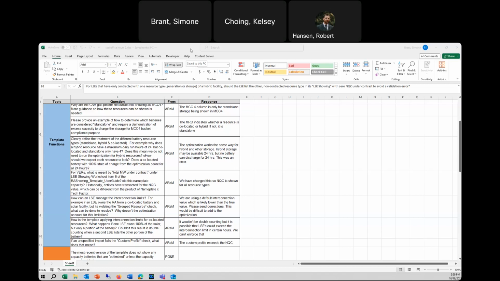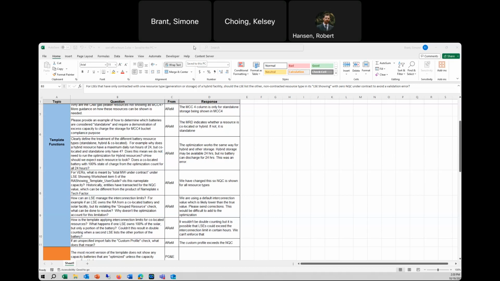Ideally reduce the capacities from the co-located resources that are causing a validation problem. So if there's a co-located solar and the addition of the solar and the storage are exceeding the interconnection limit, then reduce the solar showing.